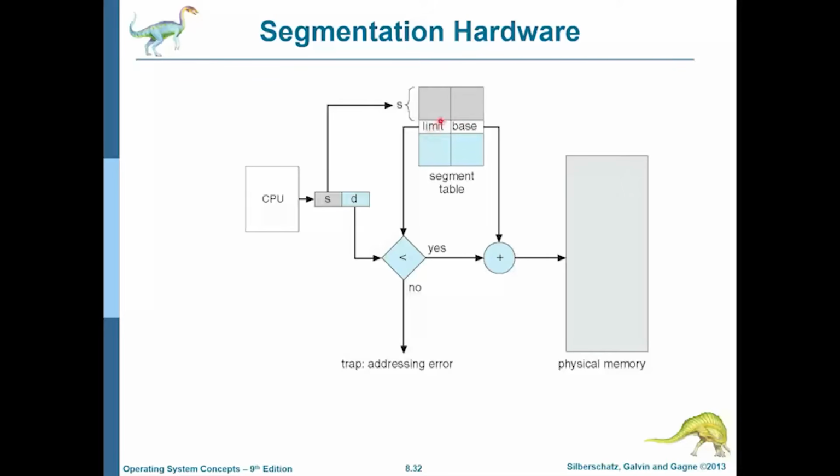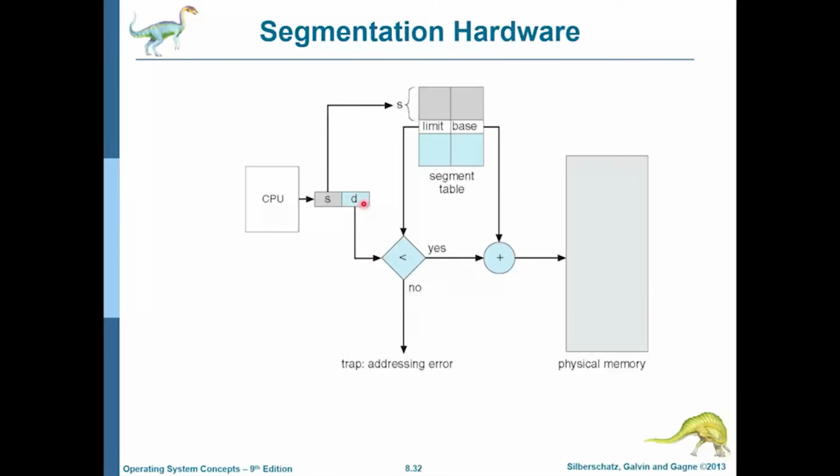And once we know the limit and base, we take the offset from the logical address. Now, the least significant bits on the right side of the logical address form the offset. If the offset is more than or equal to the limit, then a trap will be generated because you are trying to go outside the segment.